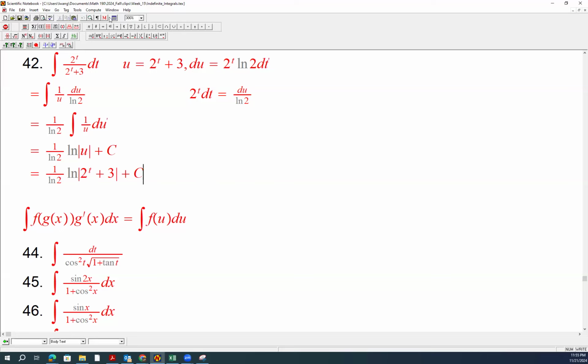It's always larger than 0. 2 to the power t is always positive for any real number t. So 2 to the power t plus 3 is also always positive. So we can drop the absolute value. So that's the flexibility we get when we have a situation like this.